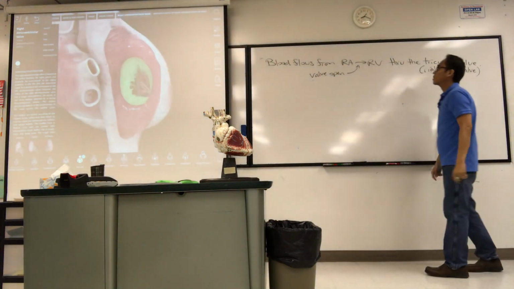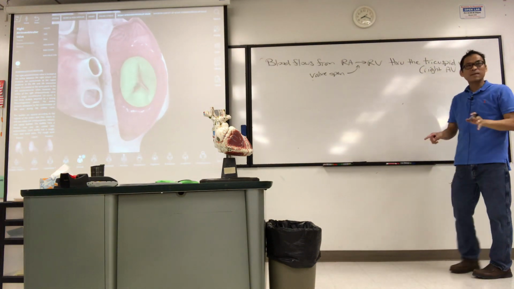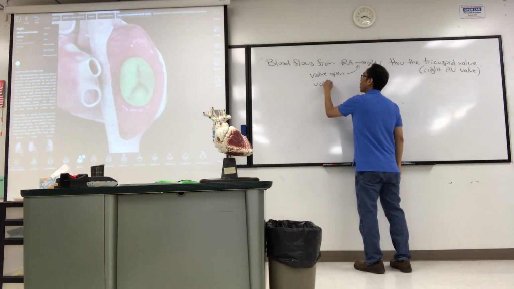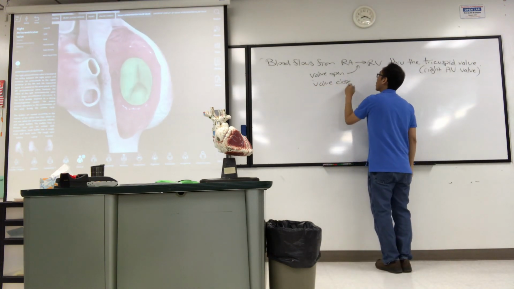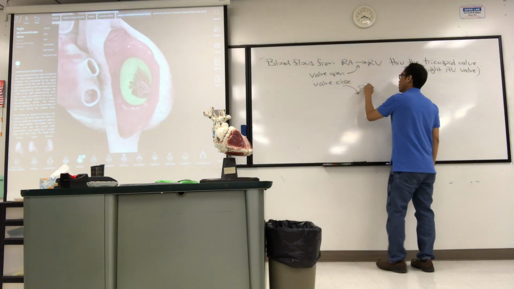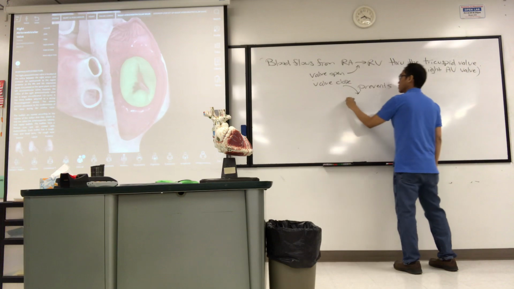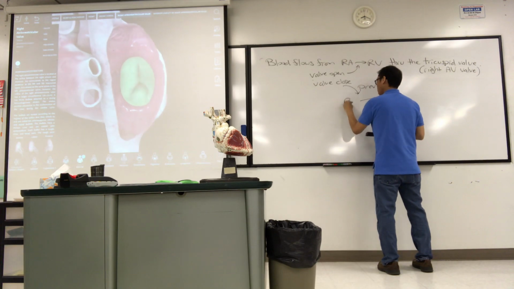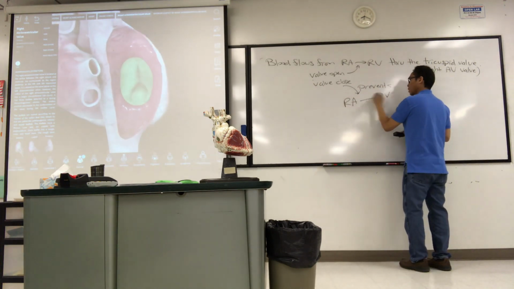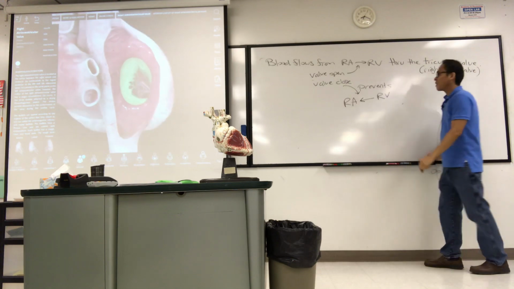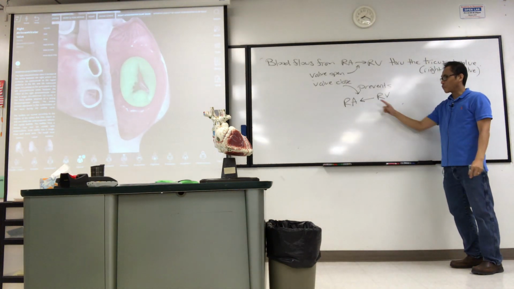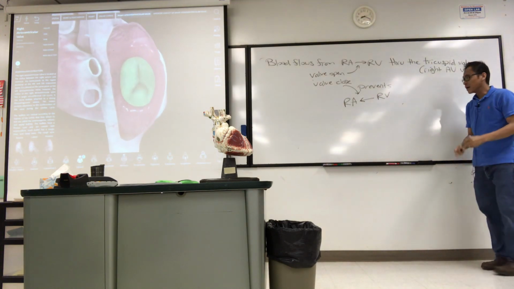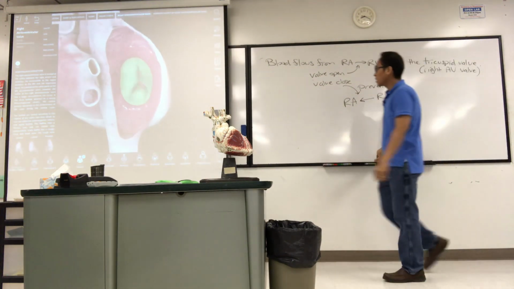When the valve is closed, it prevents regurgitation of blood backwards from RV back to RA, which can happen if you have a leaky valve. You might need a valve replacement, they can do that.